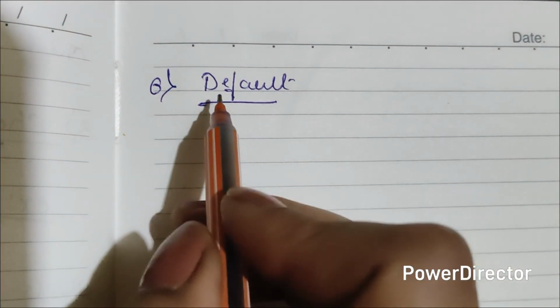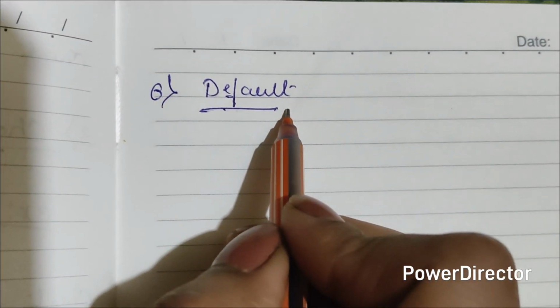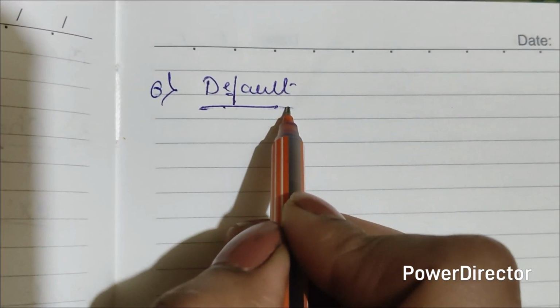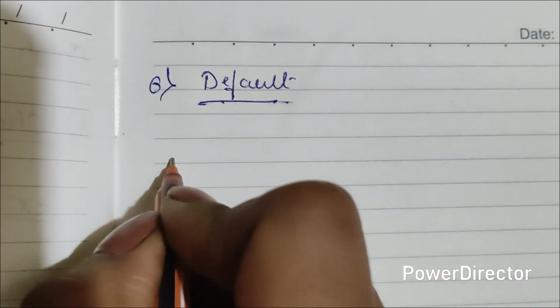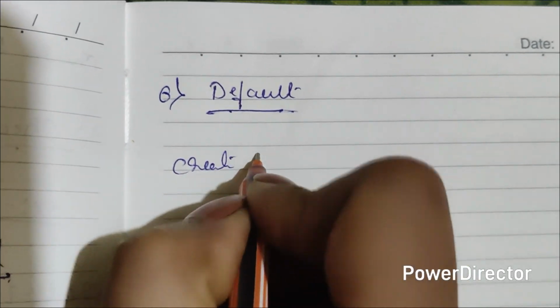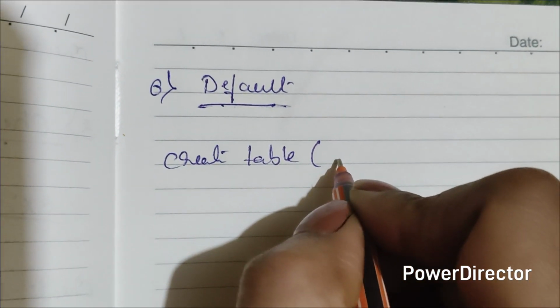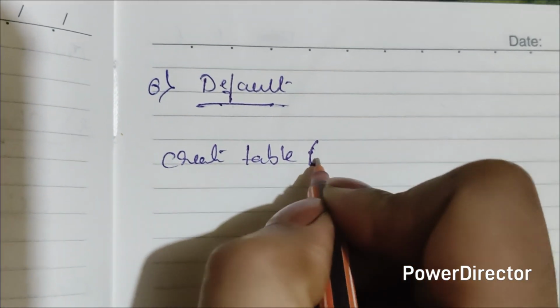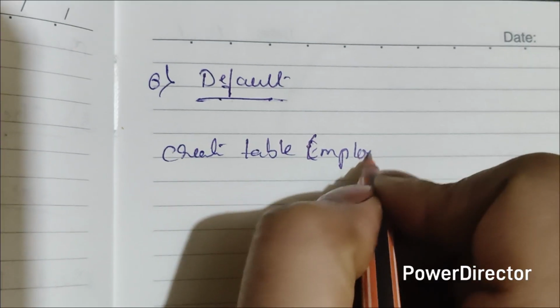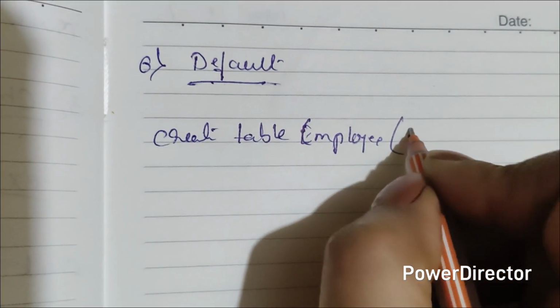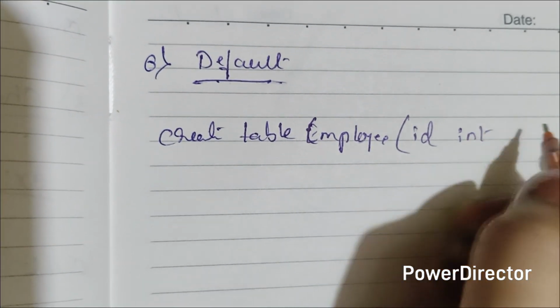Next constraint is default constraint. So when we have to go for this default constraint, I will be going to write create table employee, ID integer.